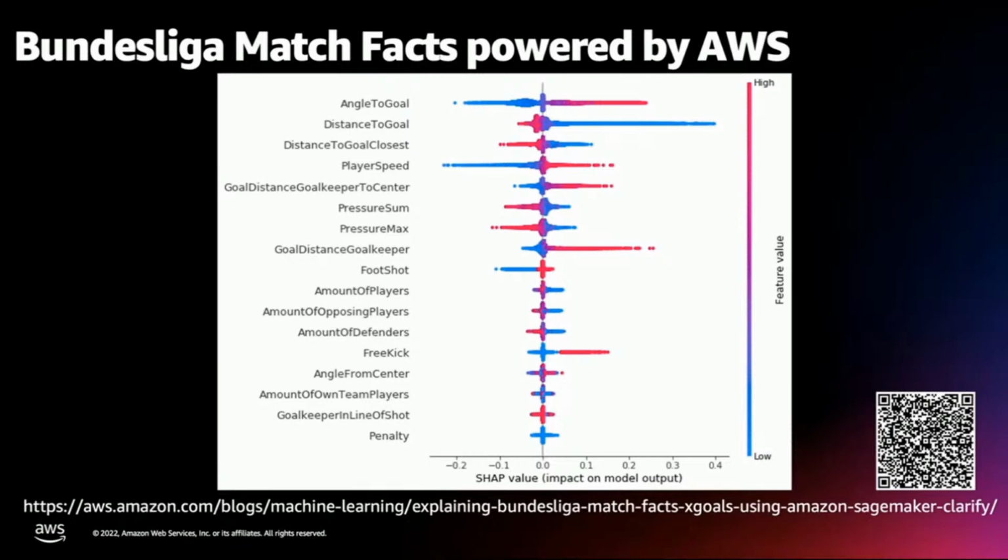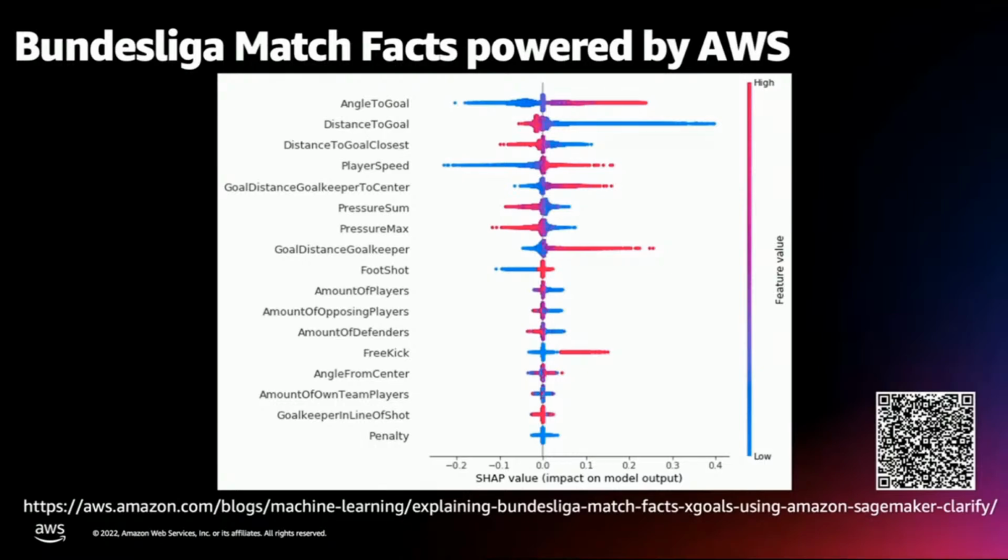So first of all, if we look at a particular attribute, such as angle to goal at the top, well, it looks like there's a bunch of dots displayed there, and indeed, these are the SHAP values for this particular attribute for all the different data points or game situations that were analyzed.